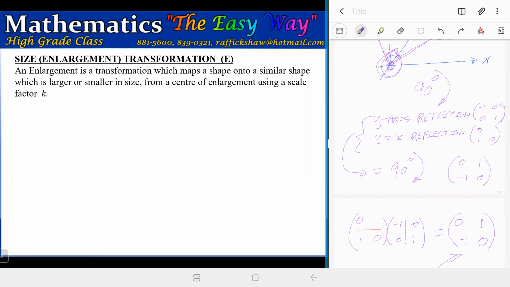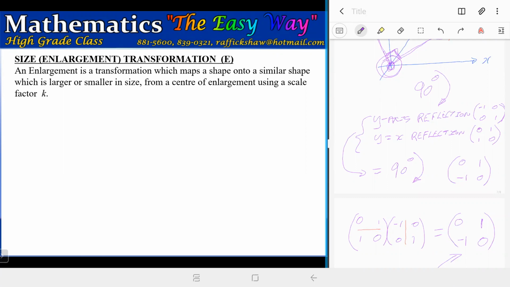There's one additional thing that people tend to ignore: if the scale factor is 2, then the image is also twice the distance away from the center. So not only does it make it larger, it also makes the distance from the center twice what it was. If the scale factor is a half, it gets smaller, and it also halves the distance from the center of enlargement.